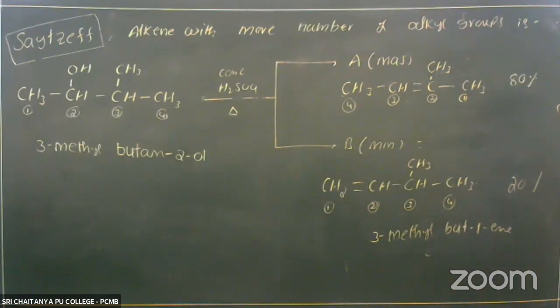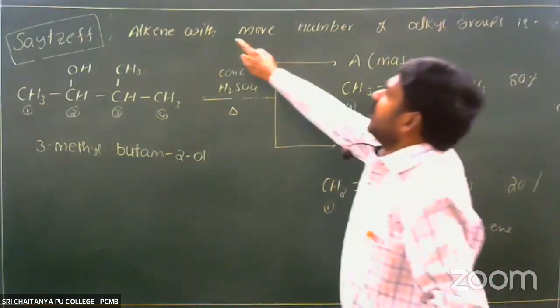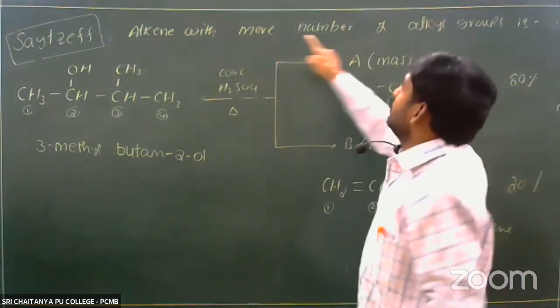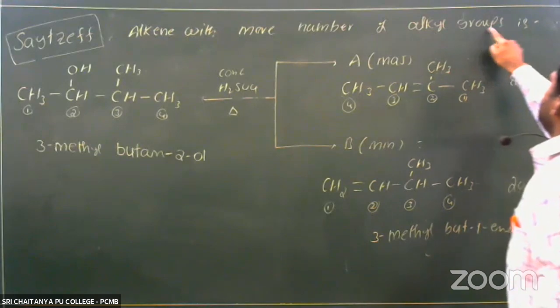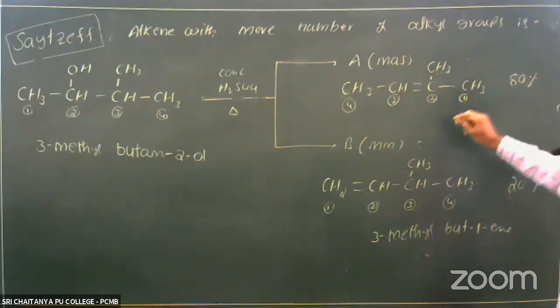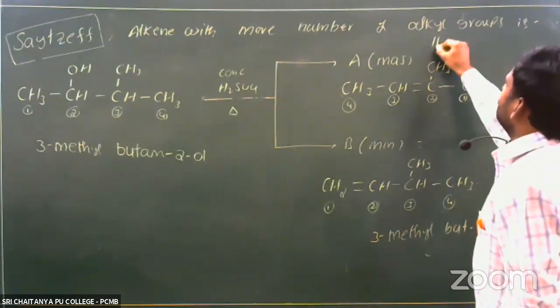These are the major products. So according to Saytzeff's rule, the alkene with more number of alkyl groups is the major product.